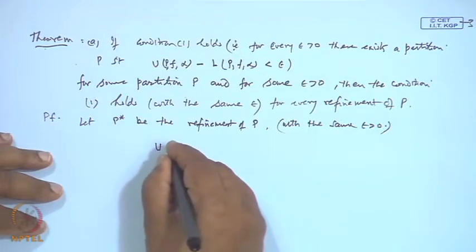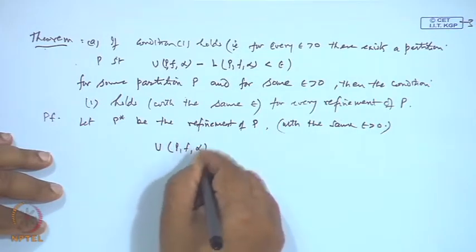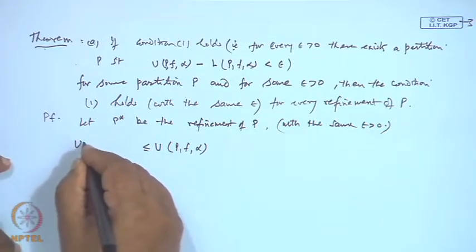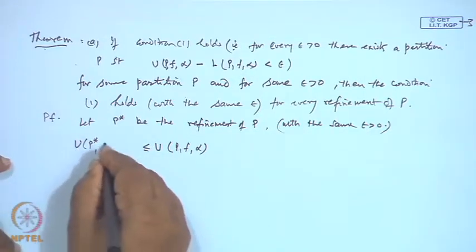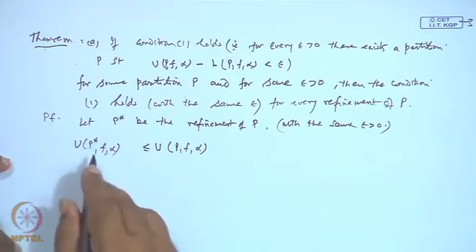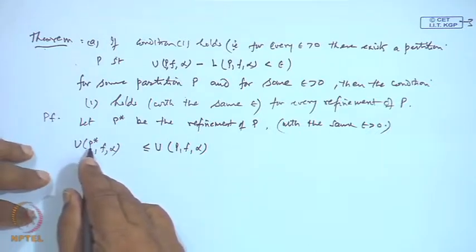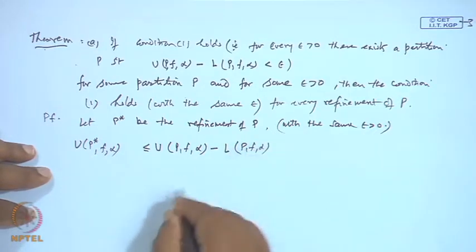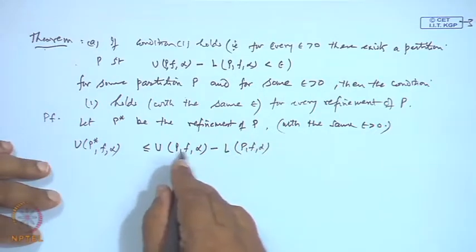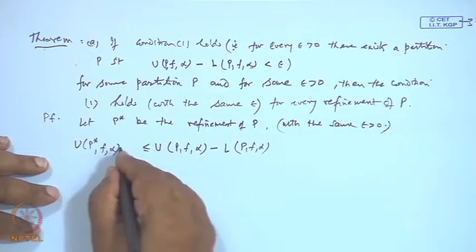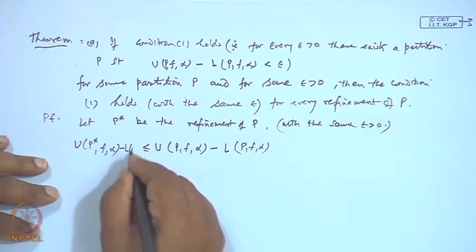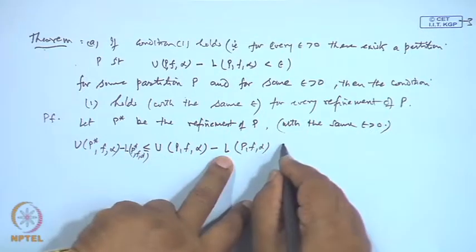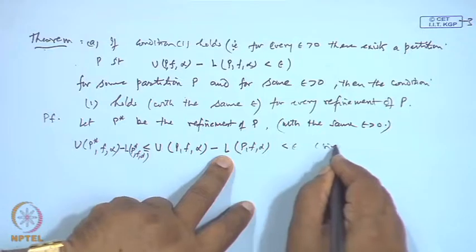So the upper sum over P is greater than or equal to the upper sum of f with respect to alpha over P star, and the lower sum increases, so minus of this will decrease. So U of P star minus L of P star, but this is less than epsilon, it is given.